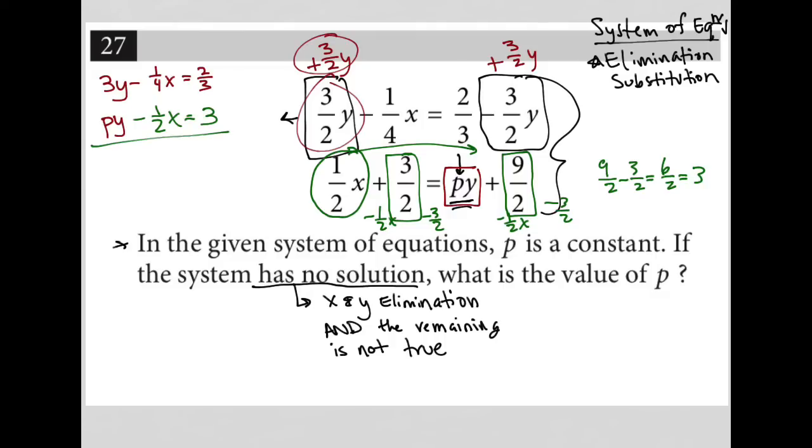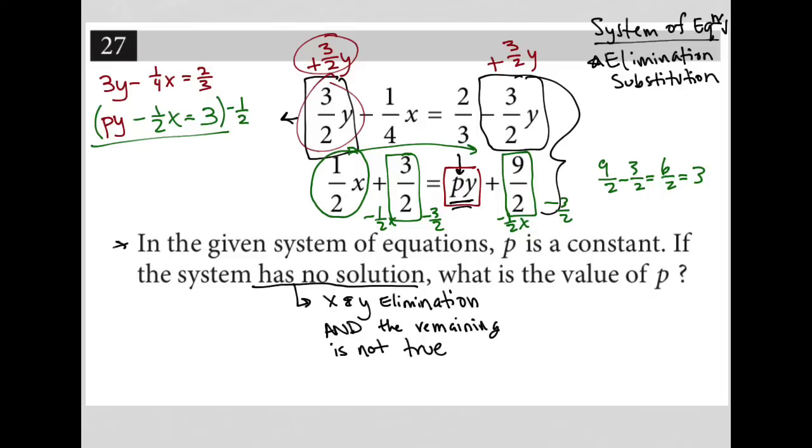Okay, so the first rule of a system having no solution is that both x and y must eliminate. They must both cross out. So how do I get my x term to cross out? Because I don't know how to get my y term to cross out because I don't know what p is. But I do know how to get my x term to cross out, and I can get that to eliminate by multiplying by negative 1/2.